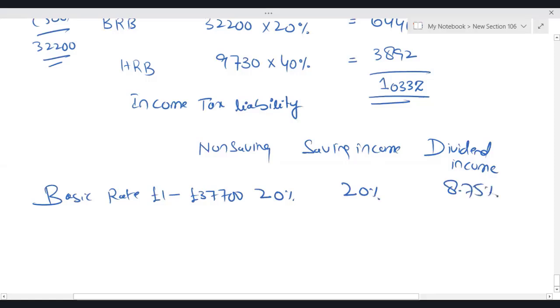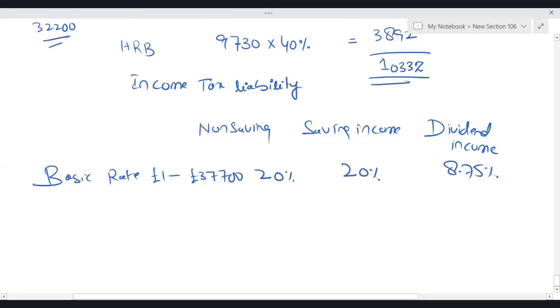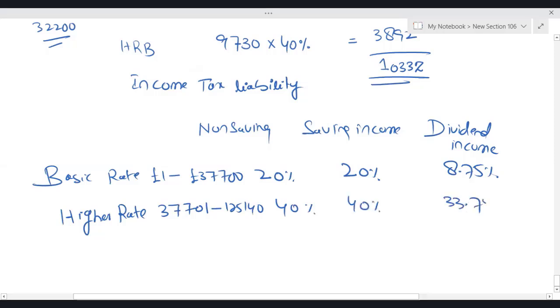I have already mentioned at the start of this class, these bands and tax rates will be given to you. Higher rate, 37,701 goes till 125,140. Applicable rate is 40, 40 and 33.75%.